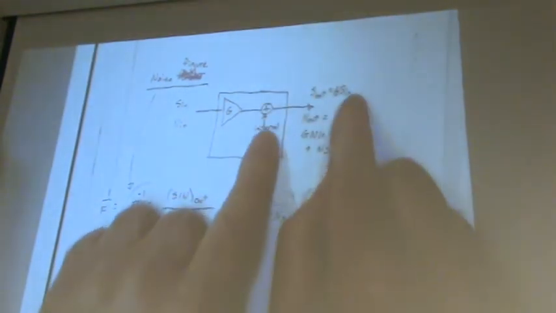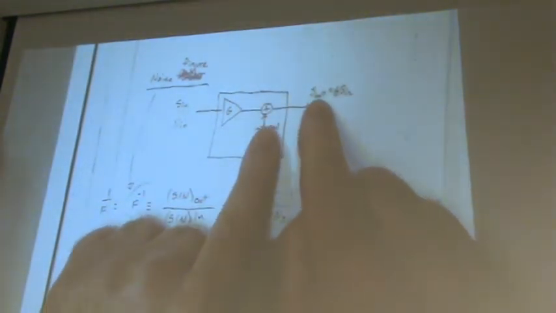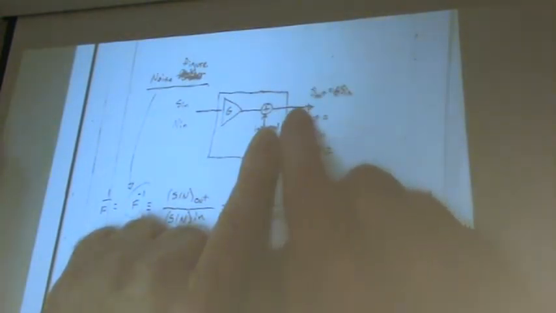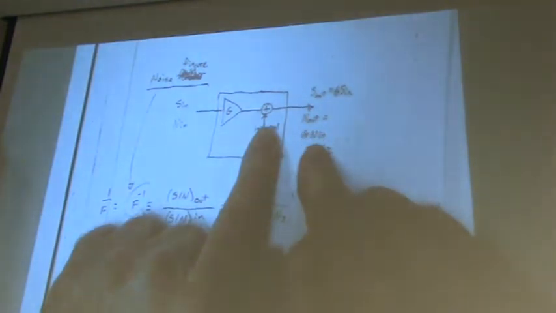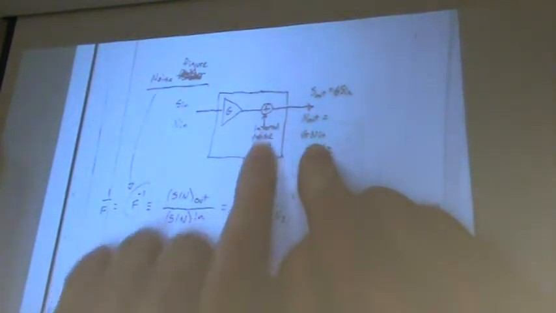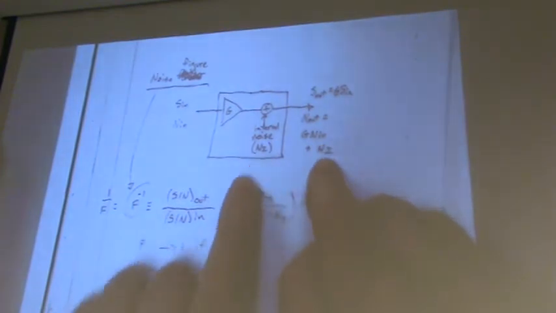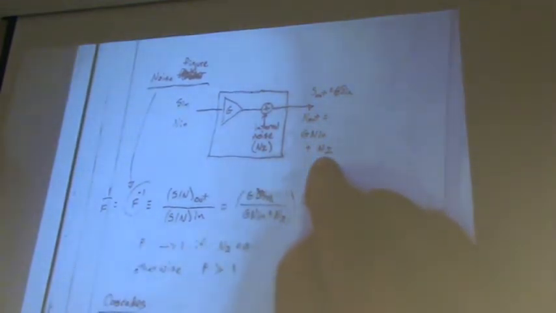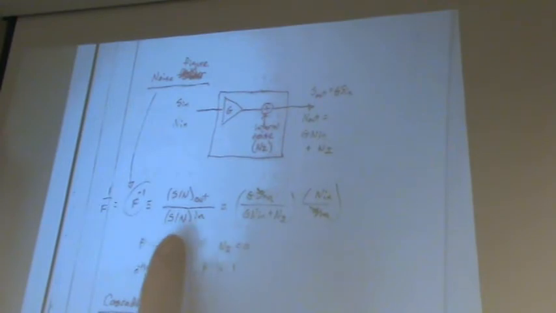So in a sense, it might seem kind of silly now. Why do I need amplifiers? It's just making my signal bigger, but it's also making my noise bigger. And then, as if that wasn't bad enough, it adds its own internal noise into it. So it actually makes the signal-to-noise ratio worse.